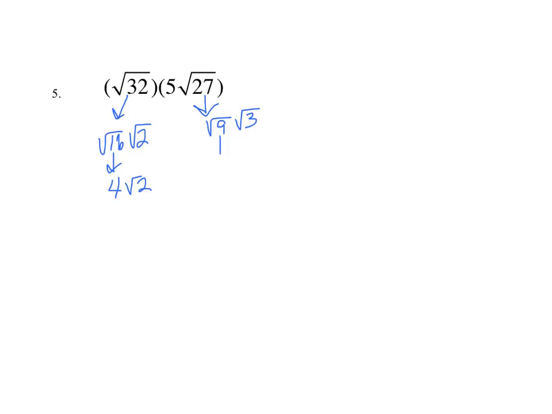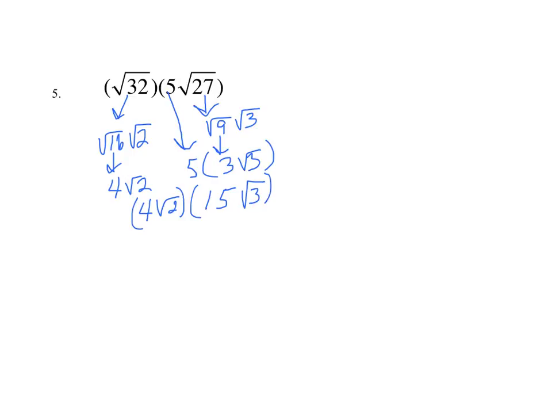Square root of 9 is 3, so we have 3 square root of 3. We also have the 5 that's there originally. So this is basically 15 times the square root of 3, and that is getting multiplied to this 4 square root of 2 here.